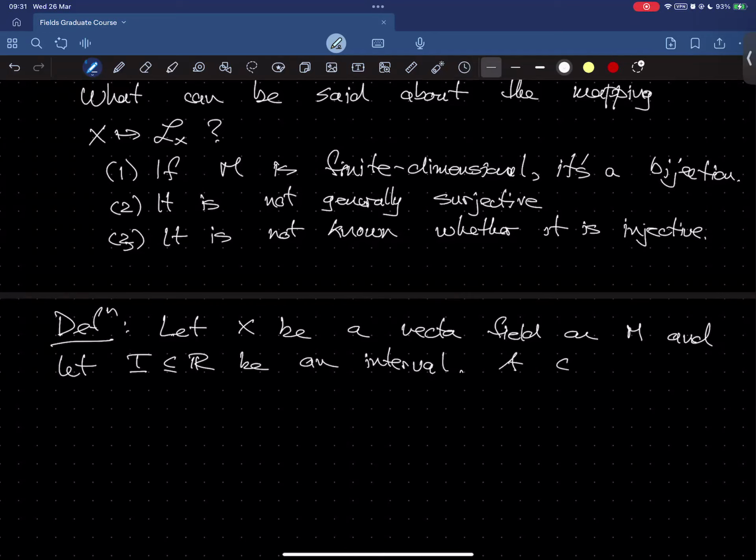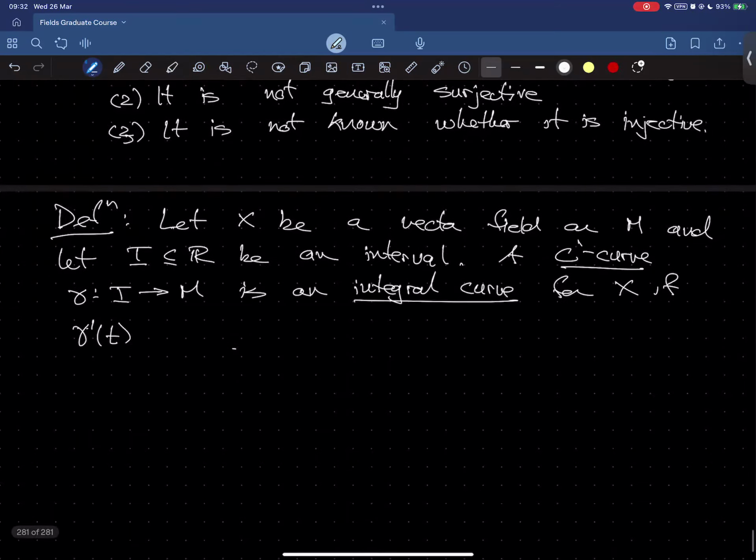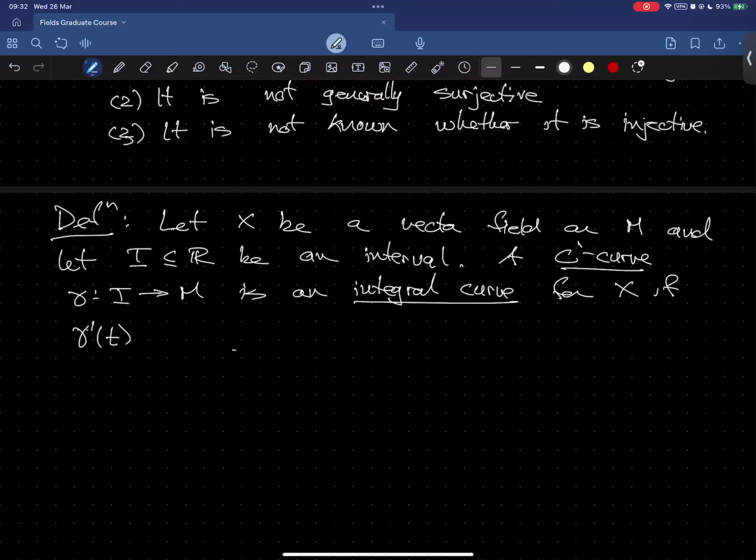A C1 curve gamma in M is an integral curve of X if gamma prime of t... So I haven't said what gamma prime is. We've talked about gamma prime for curves, and this is not quite the same thing.